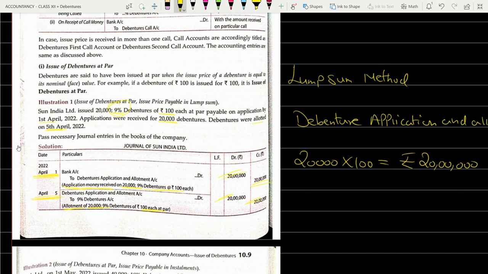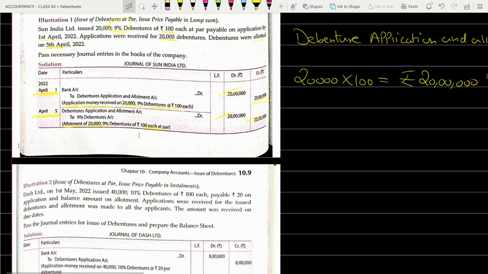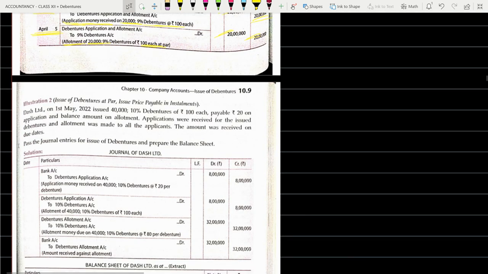Any doubts up to this? No, sir. Okay, so moving on to the second question. Dash Limited on 1st May 22 issued 40,000 10% debentures of rupees 100 each, payable rupees 20 on application and balance amount on allotment.